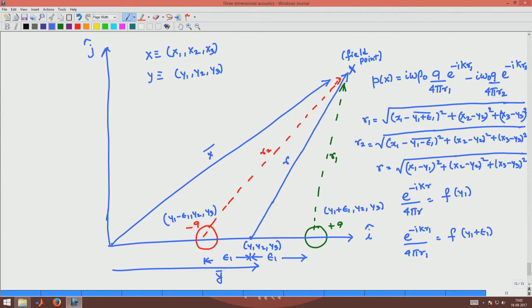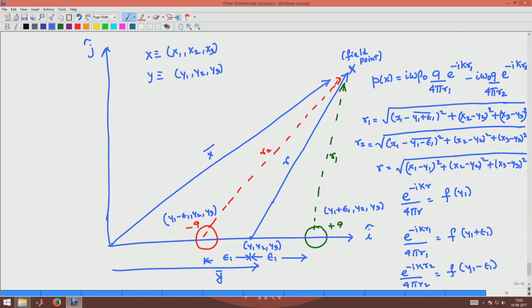The only difference between the two functions that I have written in these two consecutive lines lies in the fact that instead of wherever I was using y 1, I am using y 1 plus epsilon 1. Similarly, e to the power minus i k r 2 by 4 pi r 2 could be written as f with an argument of y 1 minus epsilon 1.